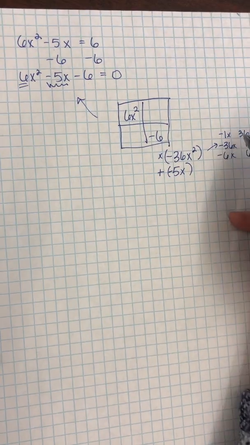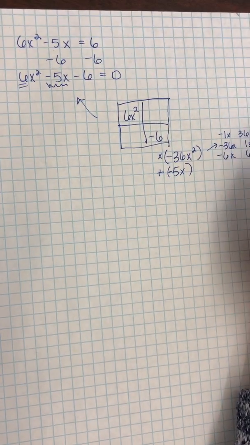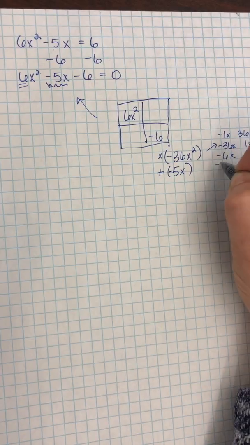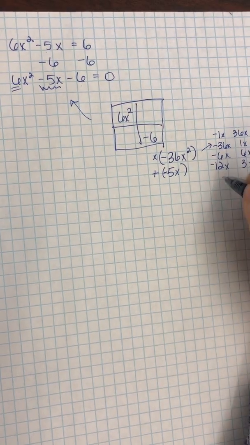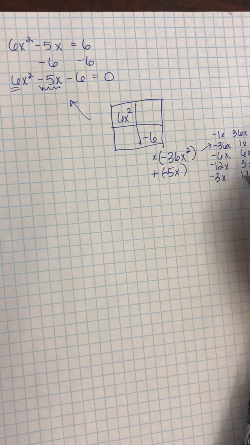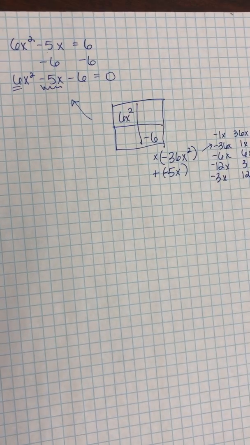None of those are adding to negative 5 yet, right? So what about negative 12x and 3x? And then negative 3x and 12x. Okay, we're still not getting it.